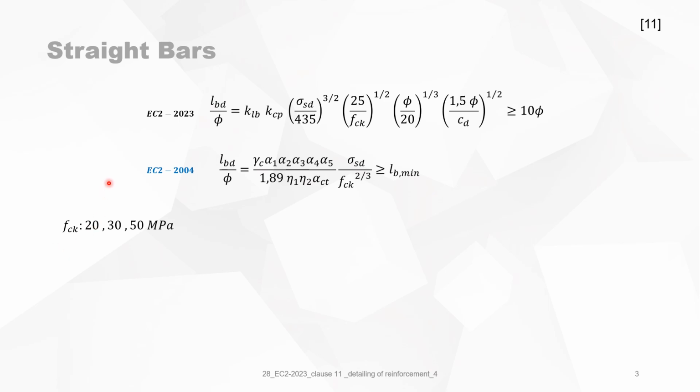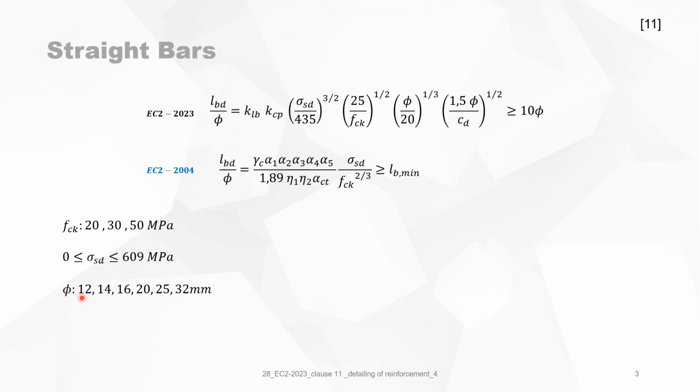We will now investigate this formula for concrete quality 20, 30, and 50 megapascal, for steel stress between 0 and 609 megapascal, which is 700 divided by 1.15, and for a diameter 12, 14, 16, 20, 25, and 32.